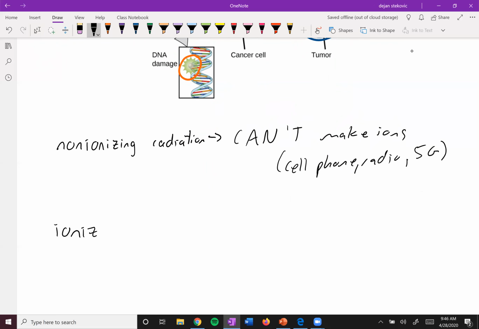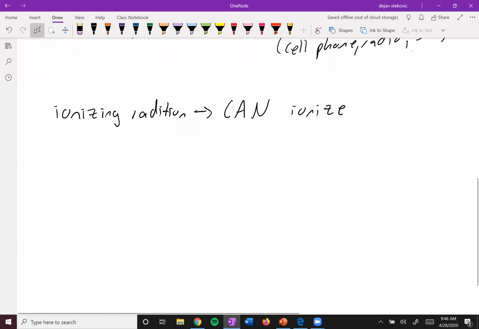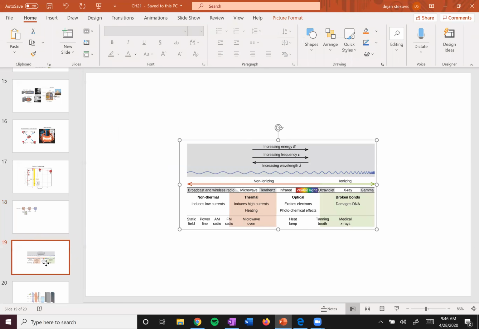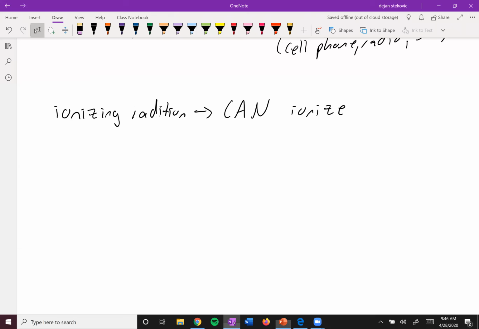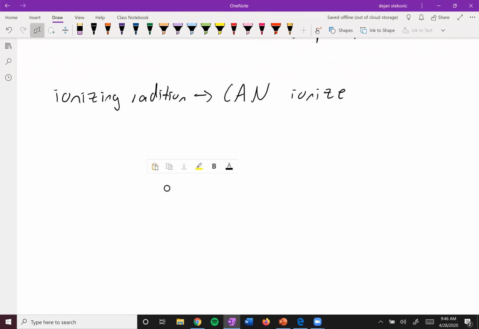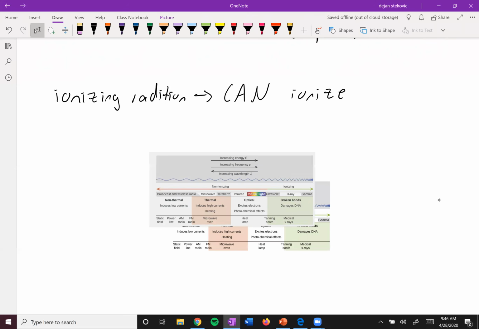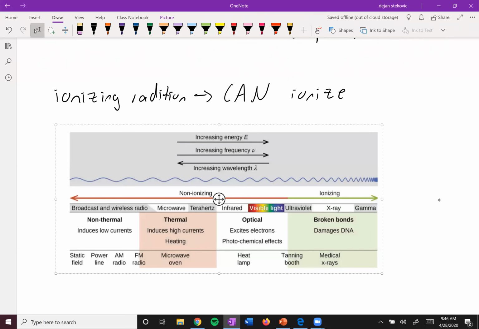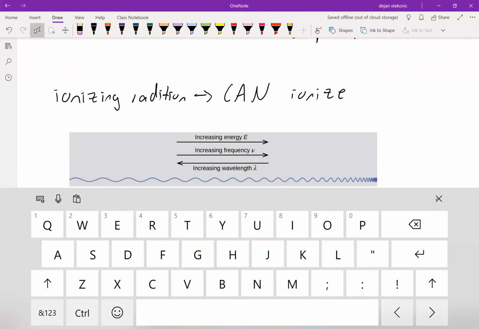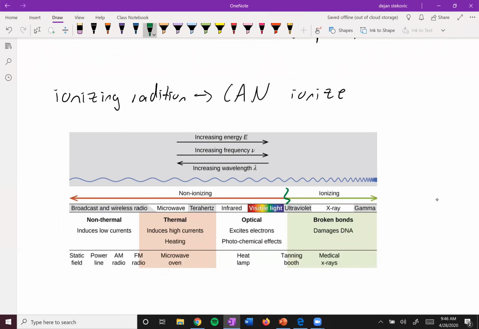The second type is ionizing radiation. So ionizing radiation is higher energy, and so it can ionize. And so this is the one that you have to be careful of, because this is the one that will ionize your DNA and thus cause health issues. And so if you take a look at the light spectra, you can see here, this green arrow, everything around here is ionizing, and then everything to the left is non-ionizing.